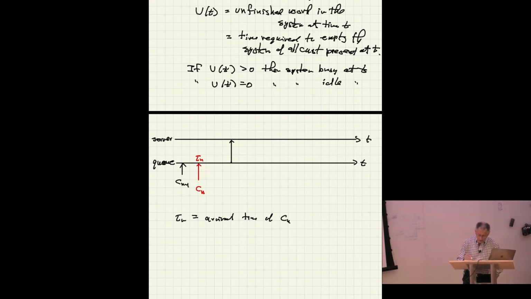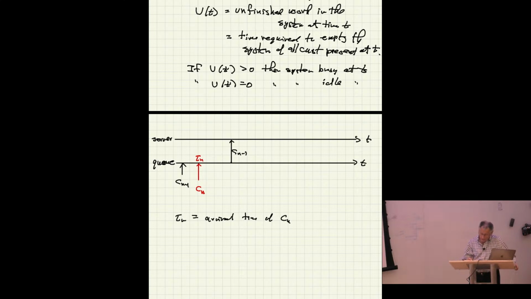So this is Cn minus 1. So when Cn comes in, what does that tell you? The guy before him is still in the queue, so Cn has to join the queue. System is not empty, so he can't go straight in. There's only one guy in the server at a time. There's a single server. Okay.